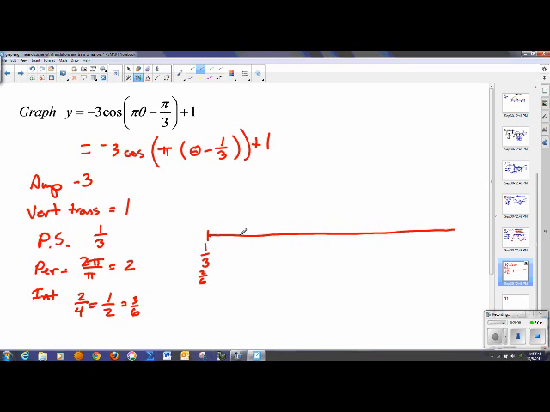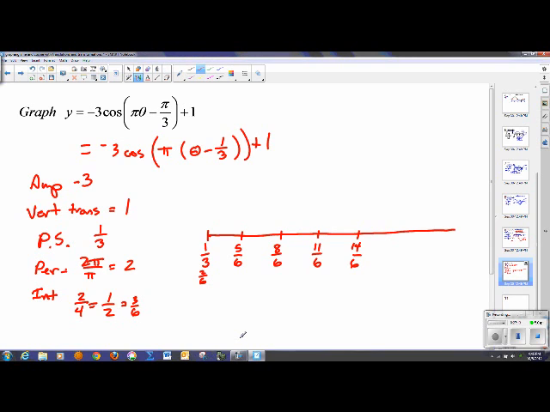So if I add 3/6 to 2/6, I have 5/6. Add 3/6 to that, I get 8/6. 3/6 to that, I get 11/6. And 3/6 to that, I get 14/6. And if my period's supposed to be 2, and I started at 2/6, notice I have 12/6 in between there, which is 2. So I'm good to go.